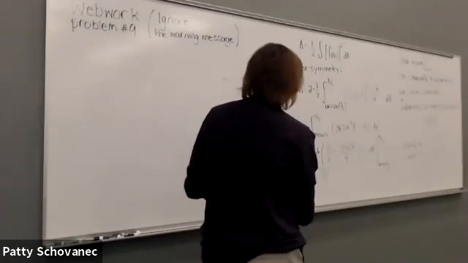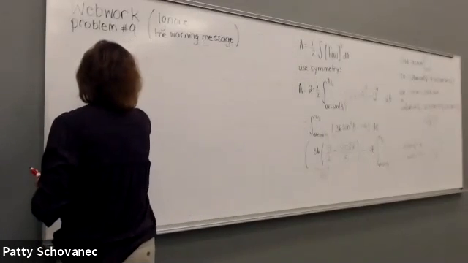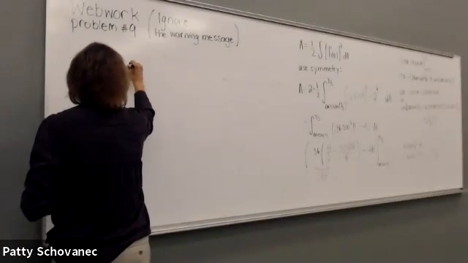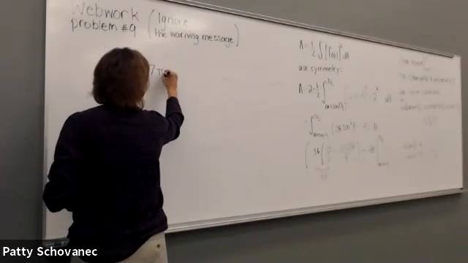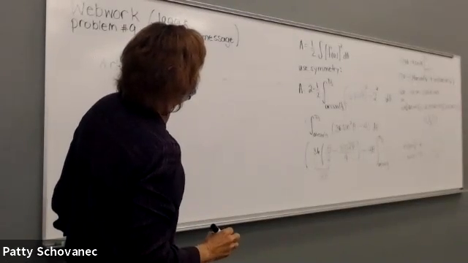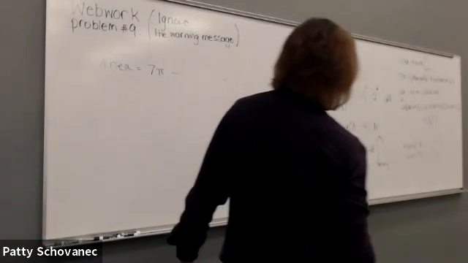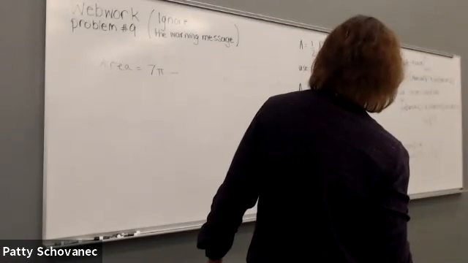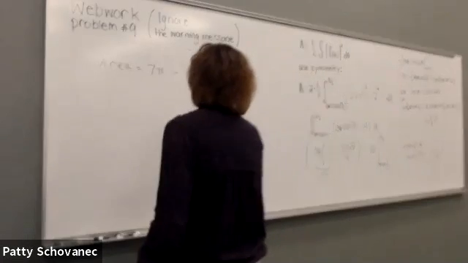That will be 7 pi minus, we said the arcsine of 1/3 was just the arcsine of 1/3. So I have minus 14 arcsine of 1/3.